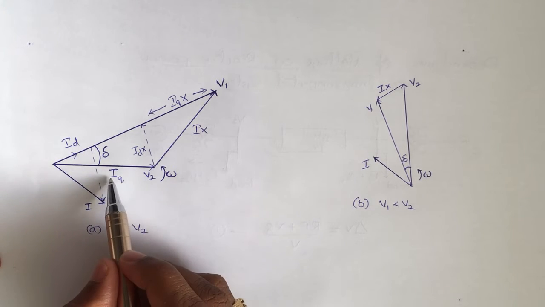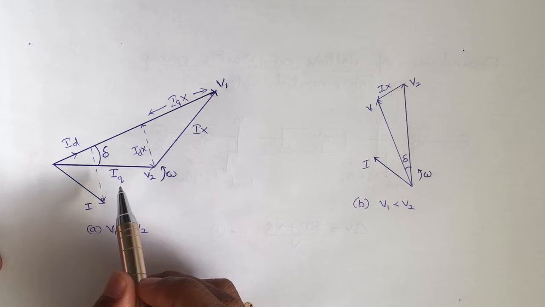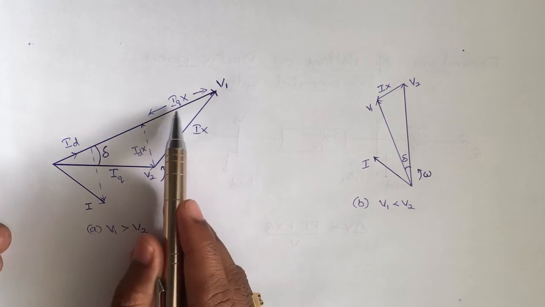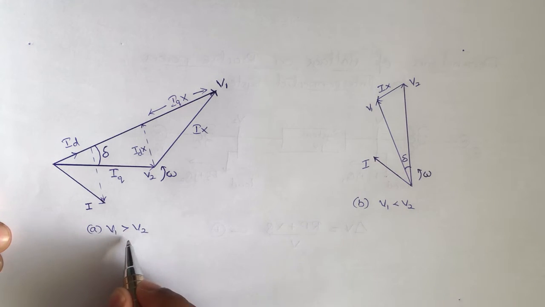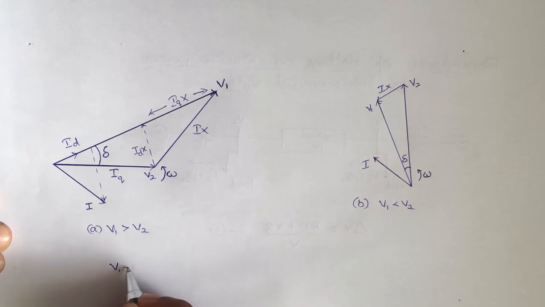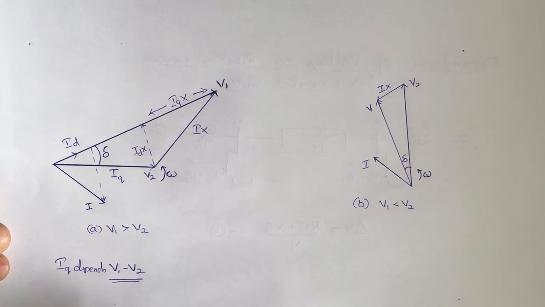Similarly, IQ, the current component in quadrature with the voltage V, depends mainly on the difference V1 minus V2. IQ depends on V1 minus V2, the difference in the voltage.